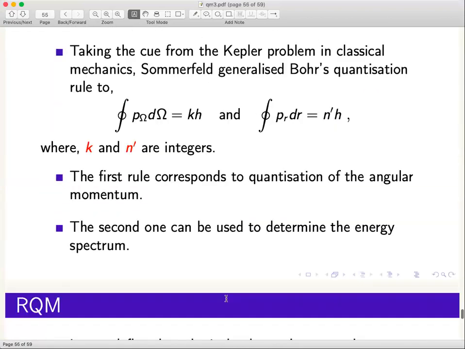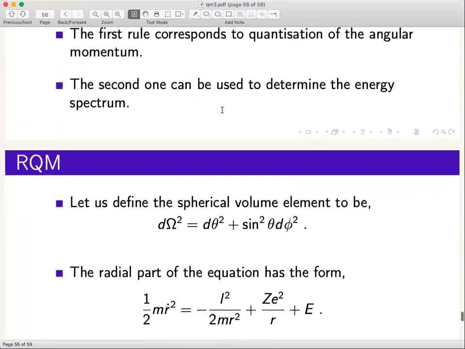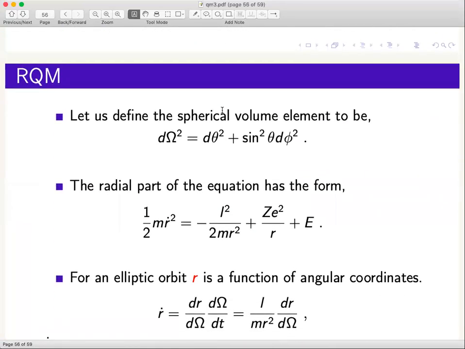This is following the Kepler line of thinking. If you look at the classical equations, the radial part of the equation would look like half m r dot squared is equal to the centrifugal piece plus the Coulomb piece plus energy. That is the problem that we had.